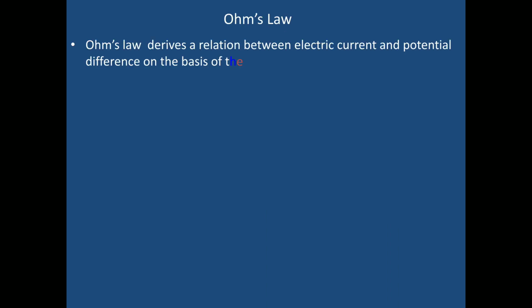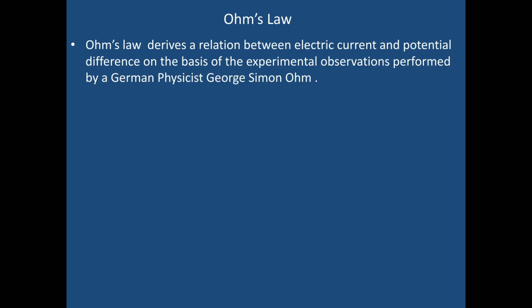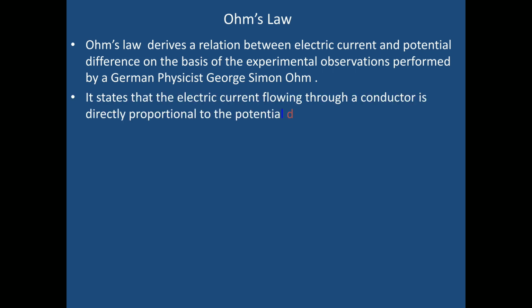Now let's talk about Ohm's law. What is Ohm's law? It derives basically a relation between electric current and potential difference on the basis of experimental observations, and it was performed by German physicist Georg Simon Ohm.